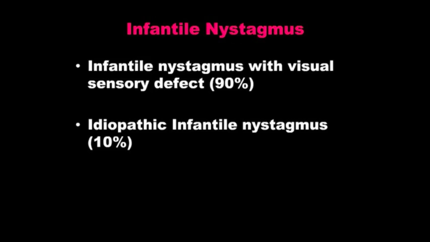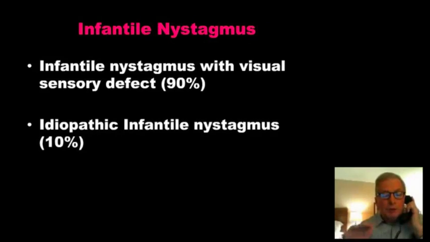In my practice, I do eye movement recordings on almost every patient I evaluate, and 80 to 90% of the people that I see with INS have an associated visual sensory defect. So my exam is catered to evaluating the visual sensory system first before I proceed to eye movement recordings.